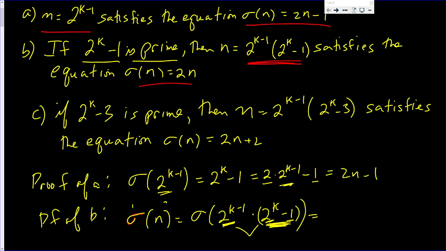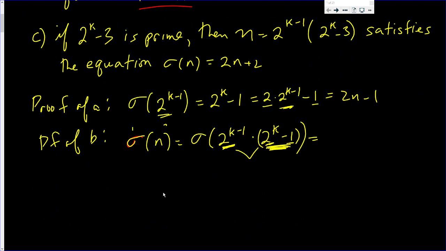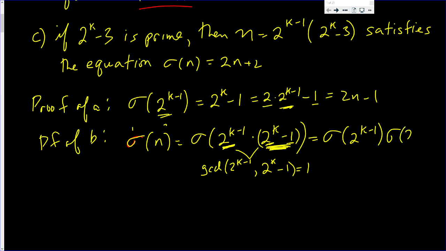Just want to formally state that the GCD of 2 to the k minus 1 and 2 to the k minus 1 is 1. So this is sigma of 2 to the k minus 1 times sigma of 2 to the k minus 1.